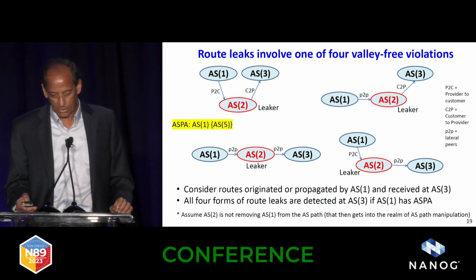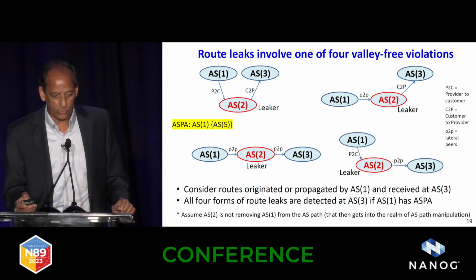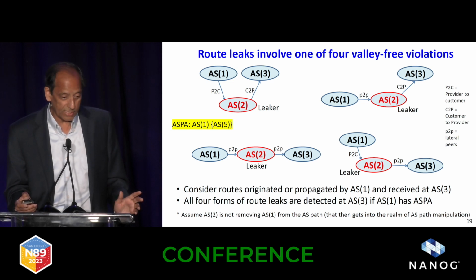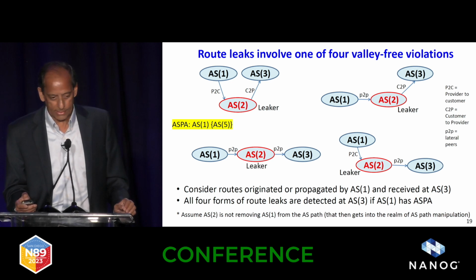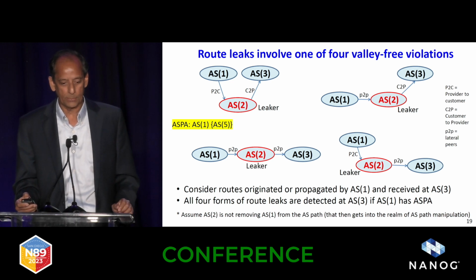It involves one of those valleys in the route. So all that is needed is AS1 to have an ASPA that lists its provider and doesn't include AS2 as a provider, and AS3 is readily able to detect that it is a route leak.